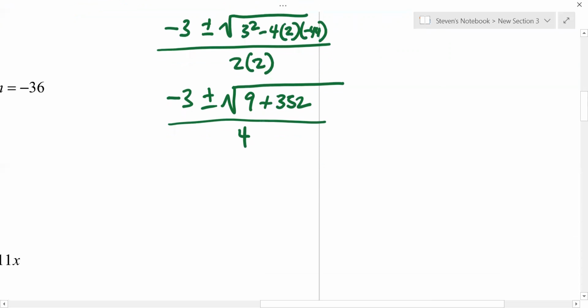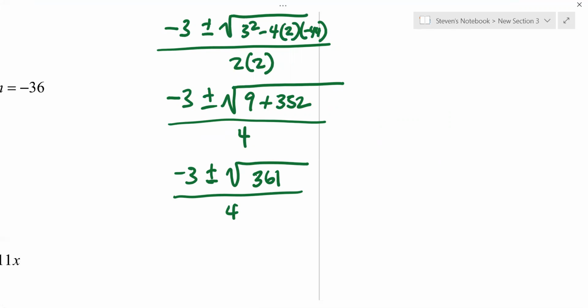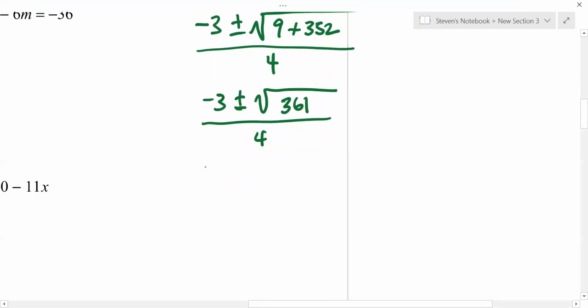Okay, let's keep simplifying that square root. So negative 3 plus or minus the square root. If I add those up, 9 plus 352, that gives me 361, all divided by 4. So let's figure out what the square root of 361 is. It's exactly 19. So now I have negative 3 plus or minus 19, divided by 4. And these will give me my 2 answers here.